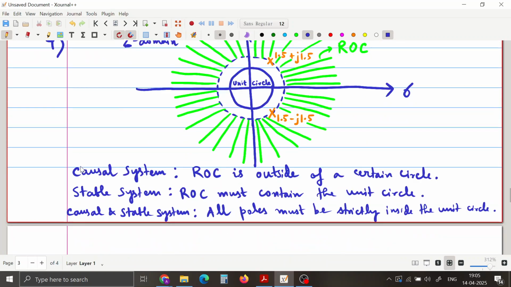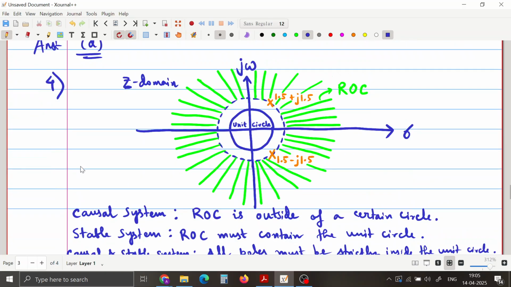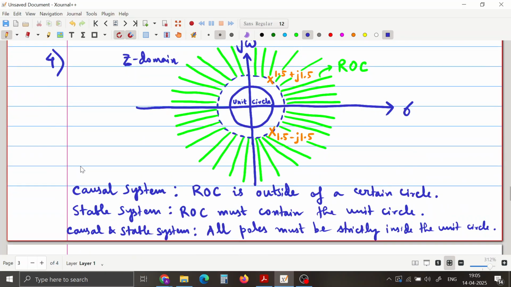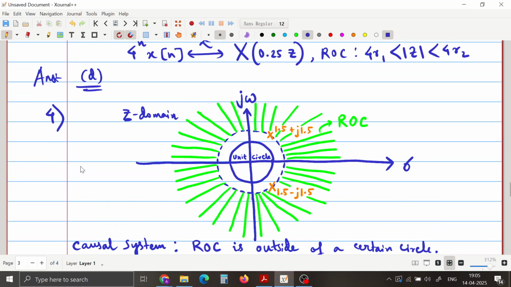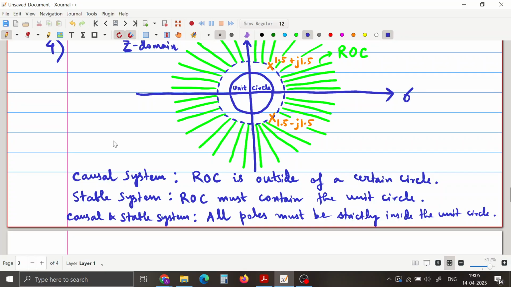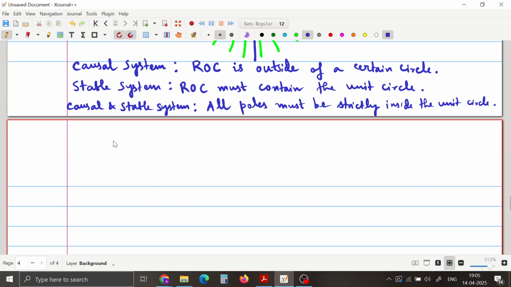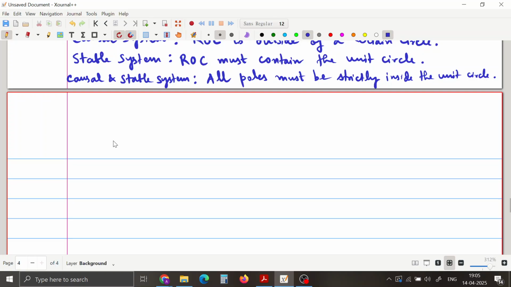So now let us verify the causality and stability for this given system. Just by looking at the diagram, we can see that this green shaded region of ROC is lying outside of the dashed circle. So the ROC is outside of a certain circle, which straight away tells us that it is going to be a causal system.